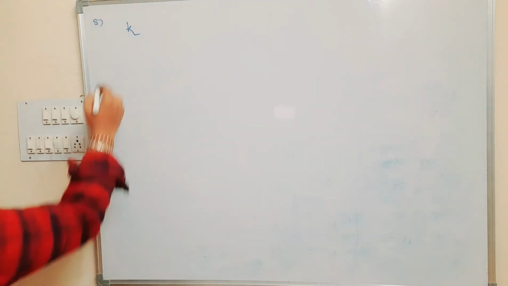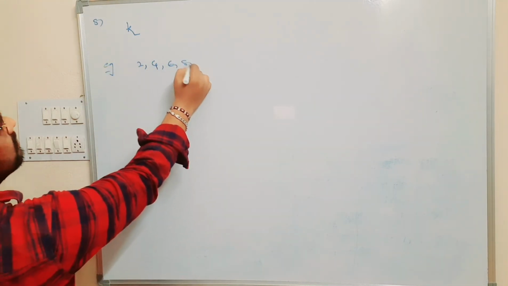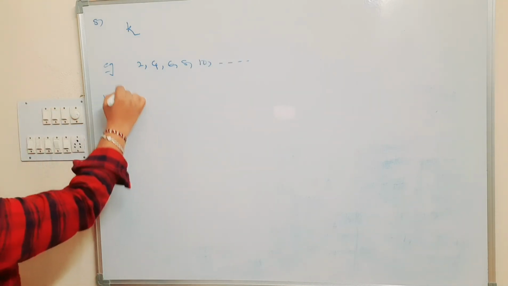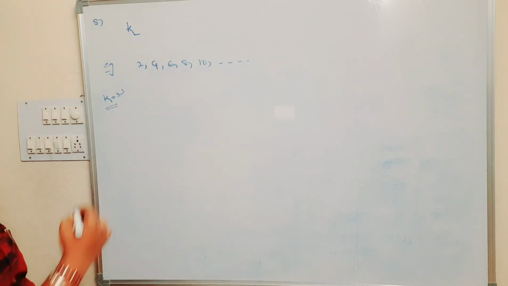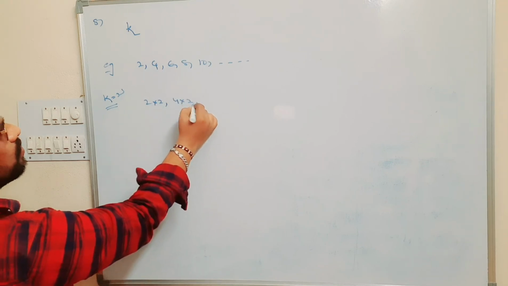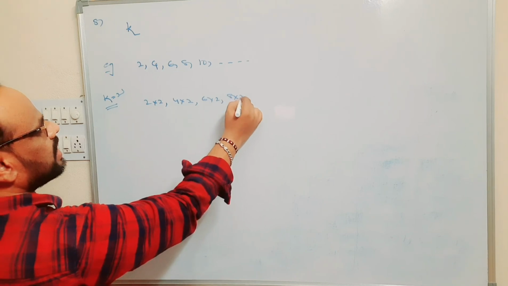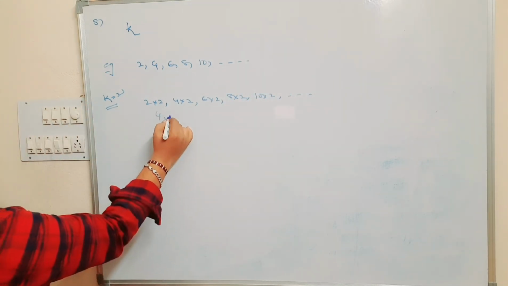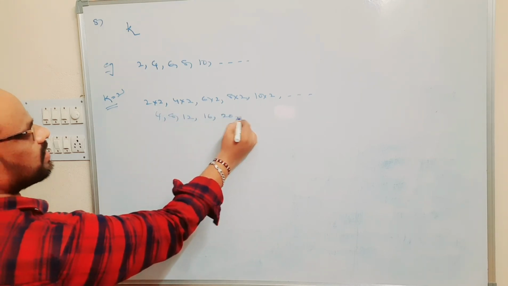That means, take one example: 2, 4, 6, 8, 10, and so on. If you take k equal to 2 and multiply by the constant term k, so 2 into 2, 4 into 2, 6 into 2, 8 into 2, 10 into 2, and so on. Here we get 4, 8, 12, 16, 20, and so on.